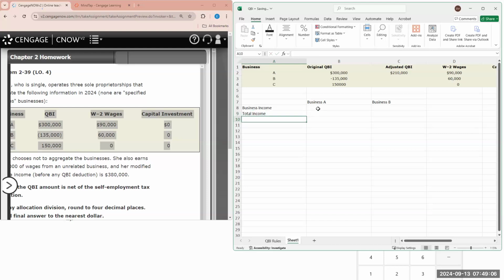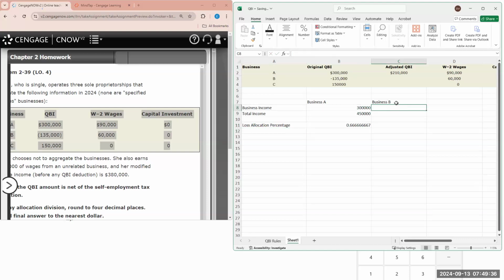total income. So for business A, the income is 300,000 and the total income is from business A and business C, which is 300,000 plus 150,000. So therefore, the proportion is as follows: 300,000 divided by 450, which gives us 66.67%, the loss allocation percentage.